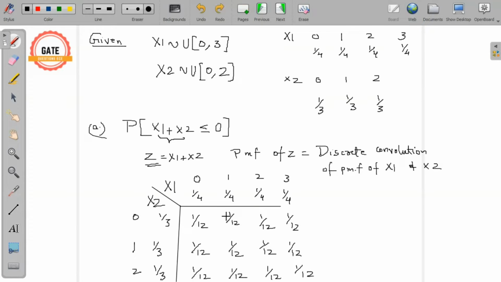So now we draw diagonal lines in this table. You can observe that for this element, the value of z is 1. I am writing here with red pen.